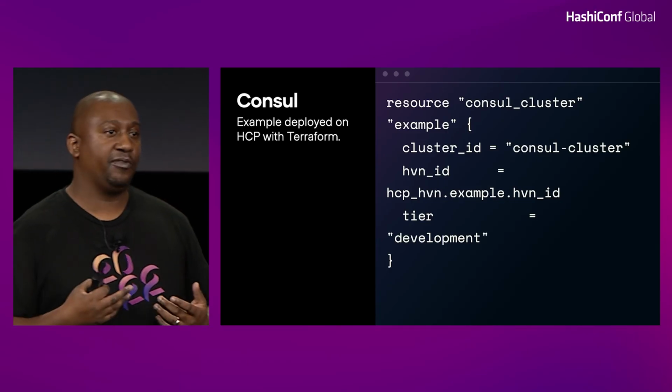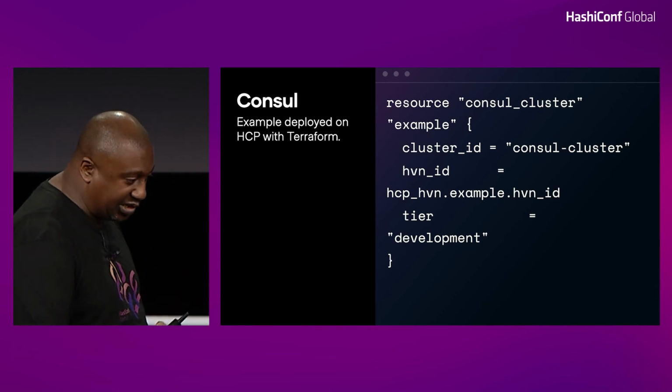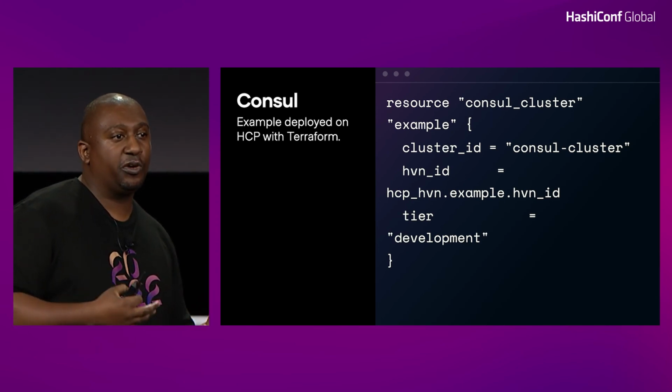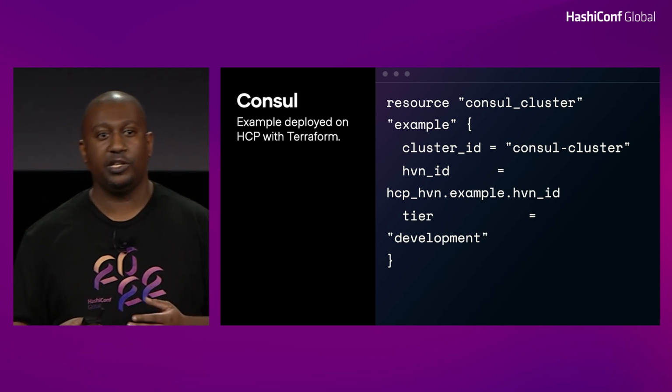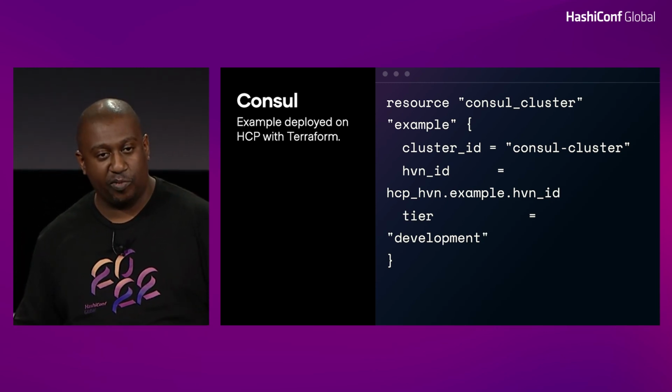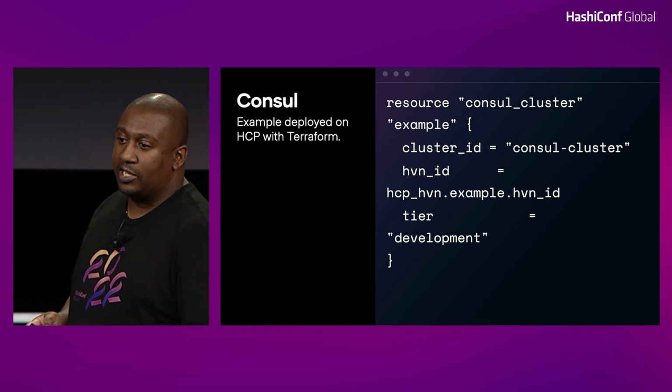Now, the thing that's nice about this is, once you've got these building blocks in place, you're still going to need to configure Vault to operate the way you need it to operate for your organization and application platform, right? You're still going to need to configure Consul with things like intentions, and you're still going to have to configure Boundary with all of your targets, and you need to bring in your identity providers and so on and so forth.